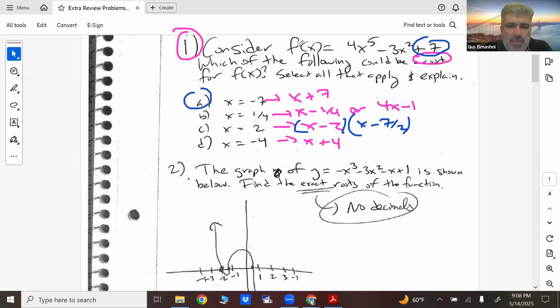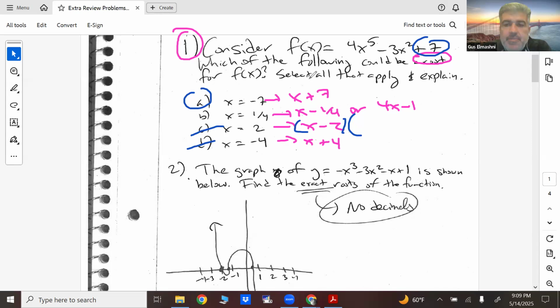Plus you need a 4x^5 also. It's just really weird. It just gets weird. The bottom line is 2 is not a factor of 7, so forget about it. Like with the x plus 4, that's also out too.